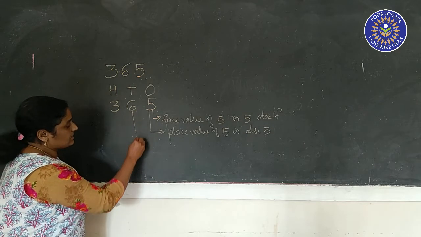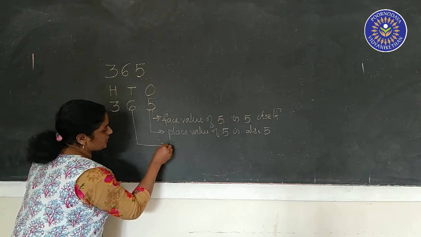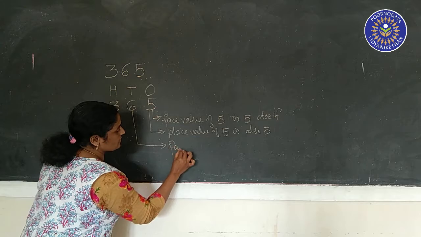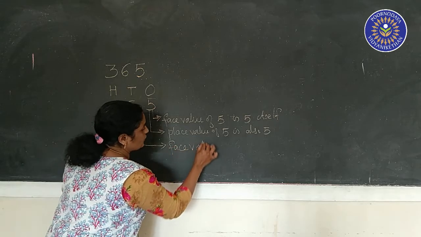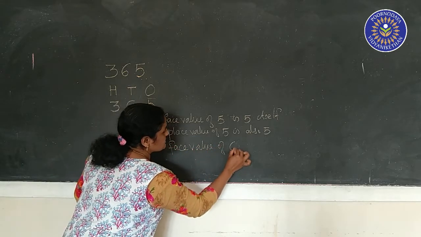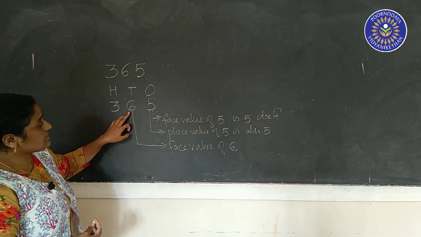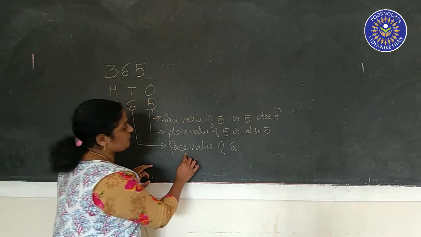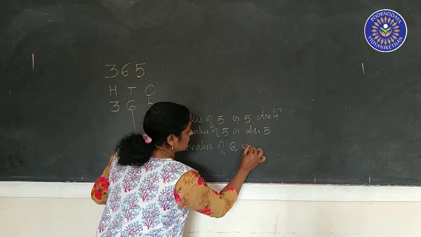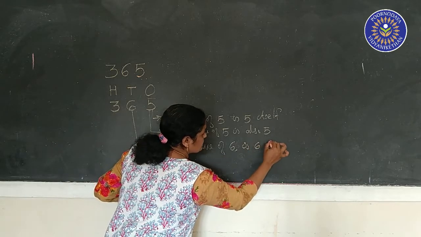Then the face value of 6. 6 is in tens place. Face value of 6 is 6 itself.